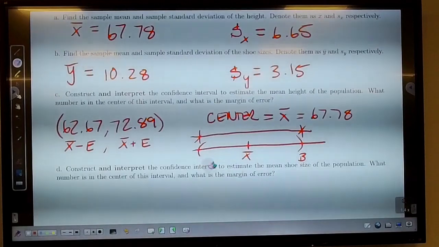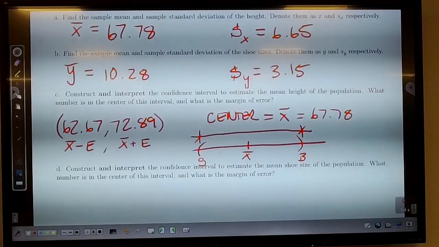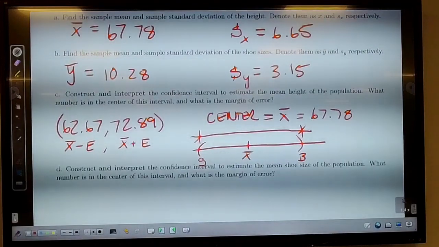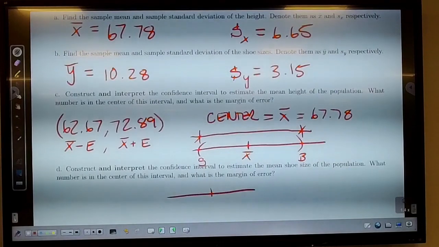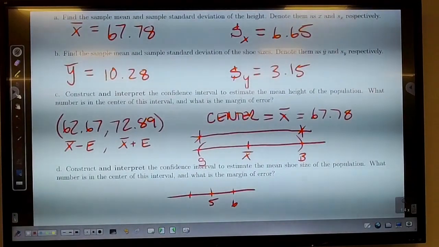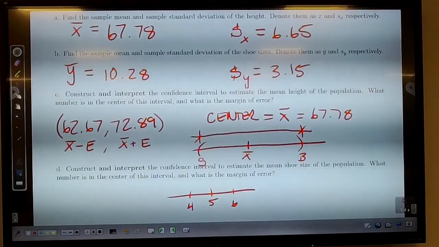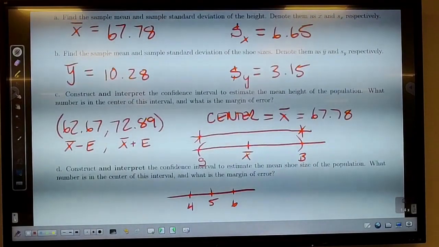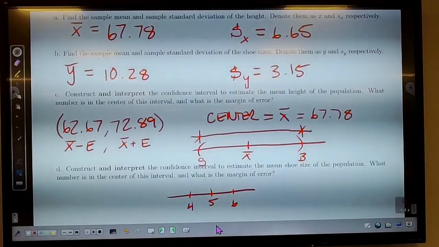Okay, but that's not the error. It's related to the error. Tell me what that length is. If you had the center being 5, and this was 6, and this was 4, then what's the margin of error? 1. But what's the difference between 6 and 4? 2.